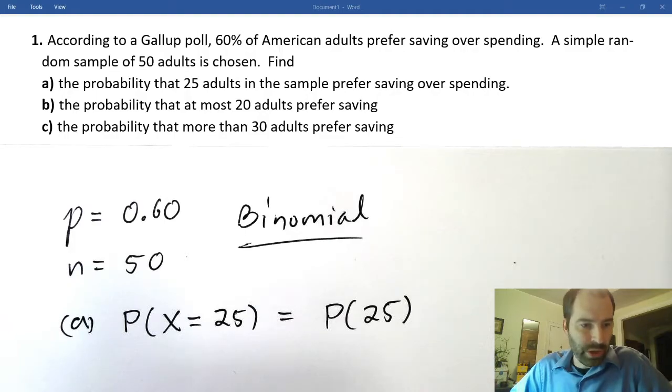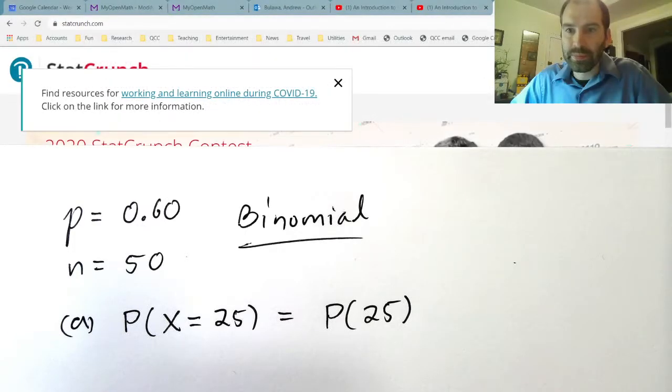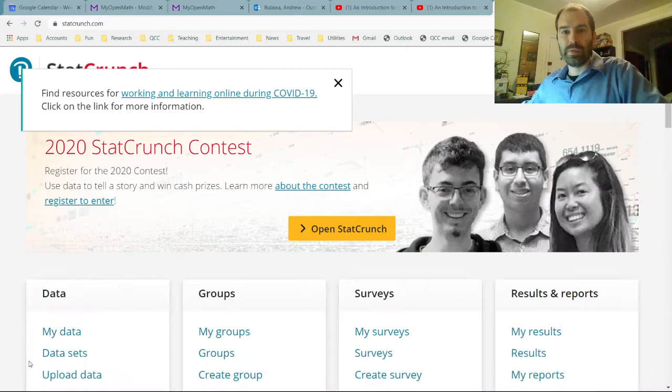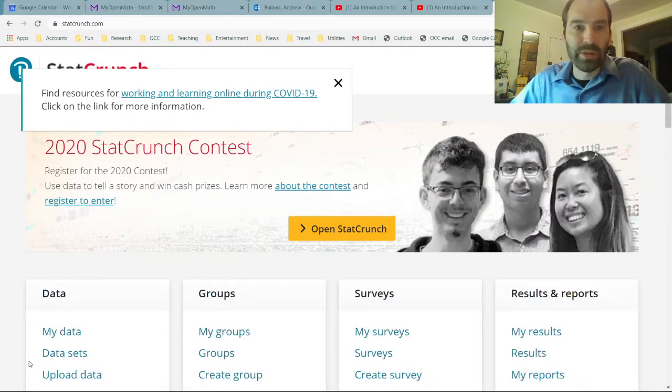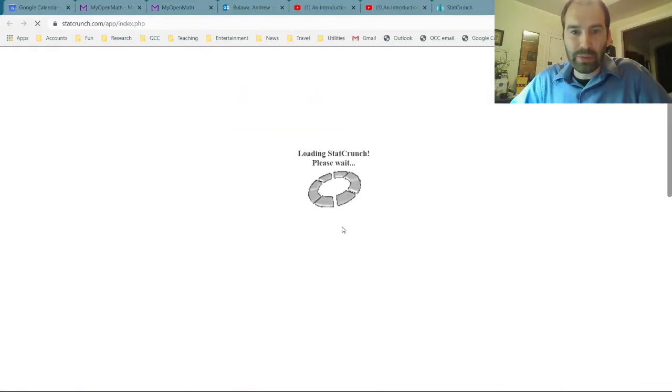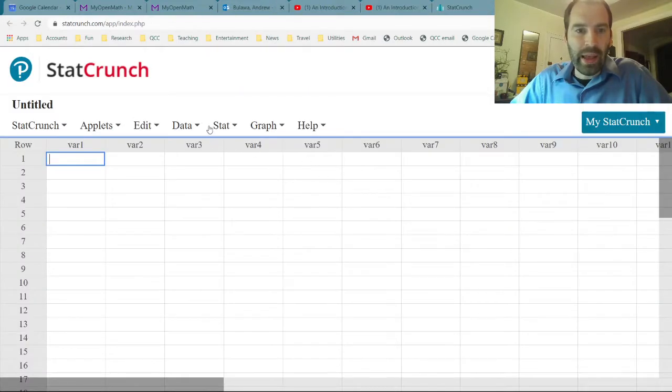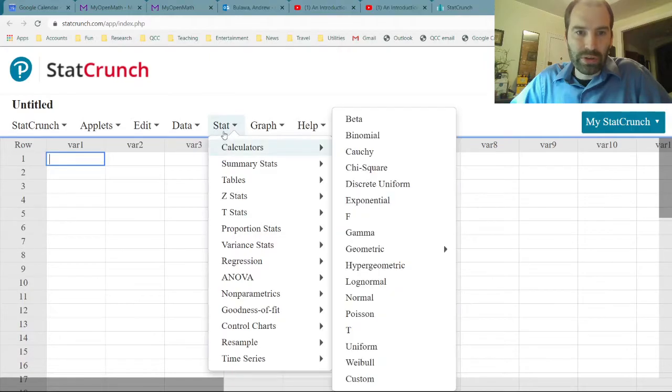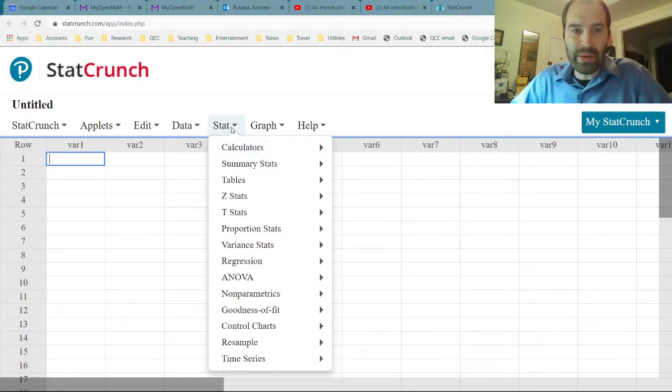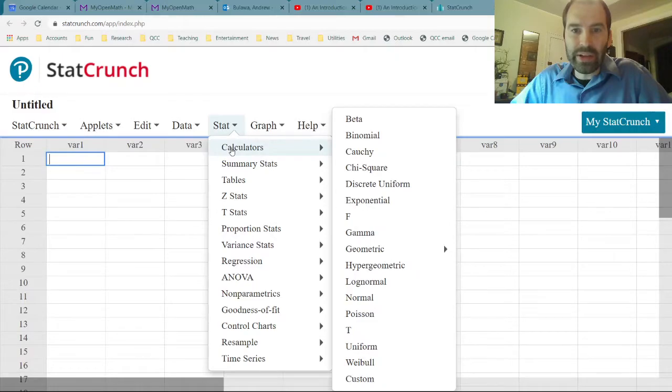So what we're going to do is we're going to go to StatCrunch. Here we are. After we're greeted by these friendly faces here, we'll open it up. And we will go to the Stat menu. We're going to go to calculators. And which calculator do we want to use? Well, these are all the different distribution calculators.